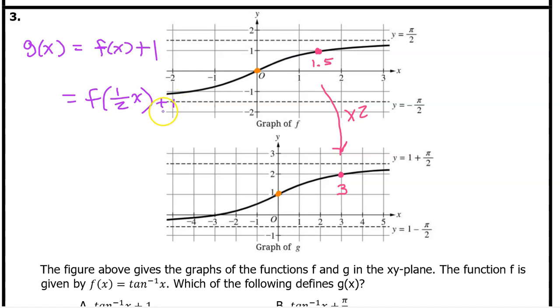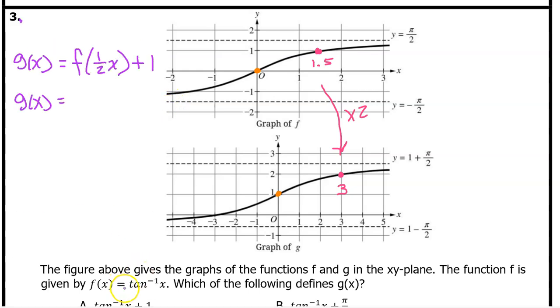And we still have the plus 1. f of x is equal to the arctangent of x. So that means g of x is equal to the arctangent of 1/2 x plus 1. This can also be written as the arctangent of x over 2 plus 1.